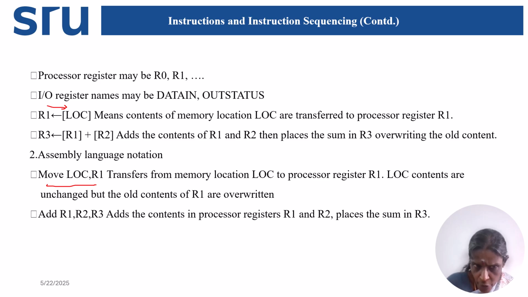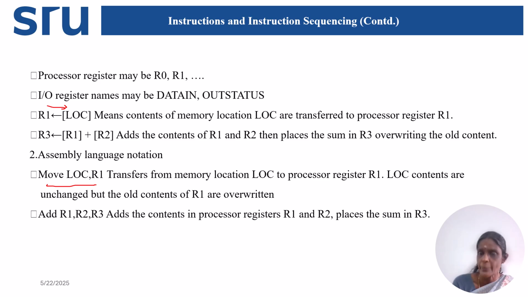The content of the memory location will be moved, or copied, to R1. So it is location to processor register R1. And the location contents are unchanged, because move is automatically equal to copying the data.